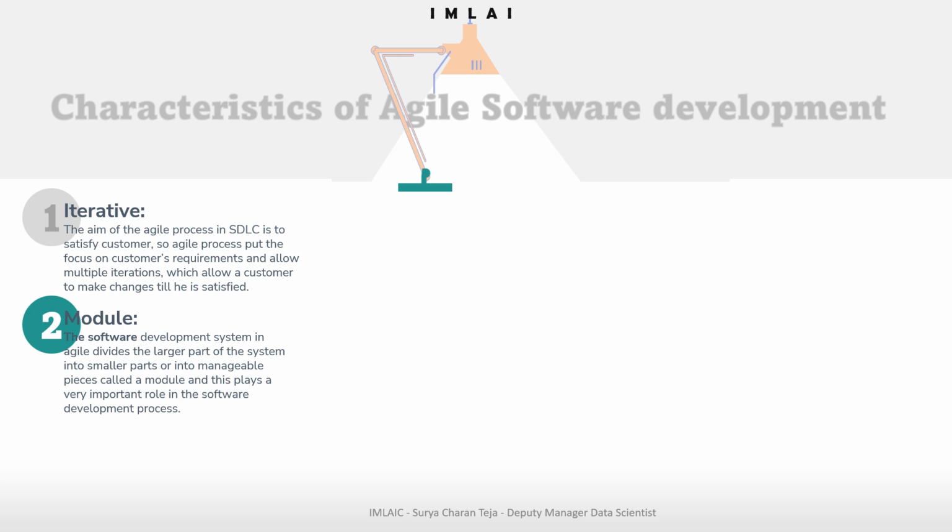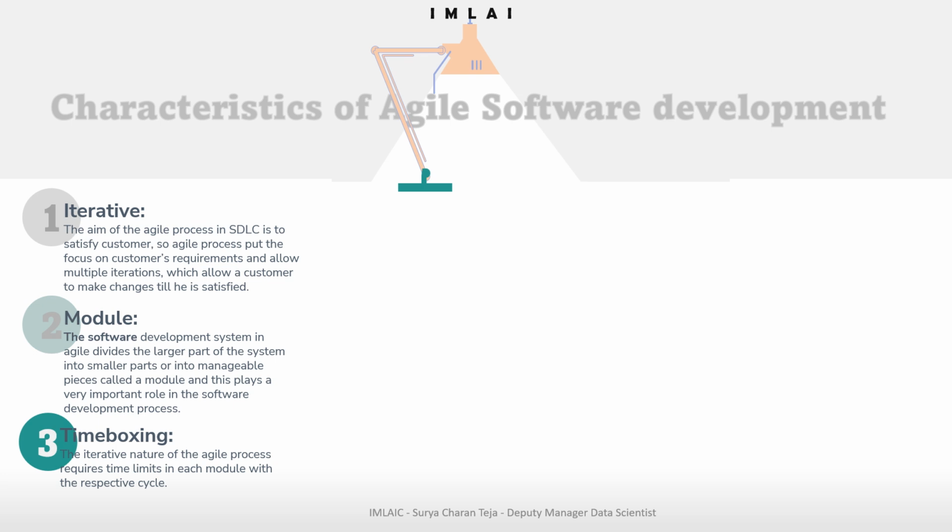So what it does is divide the larger part of the system into smaller, manageable pieces called modules. Of course, module in Python gives a different meaning, but here, by dissecting the bigger part of the application into smaller manageable pieces, each is called a module, and this plays a very important role in the software development process.